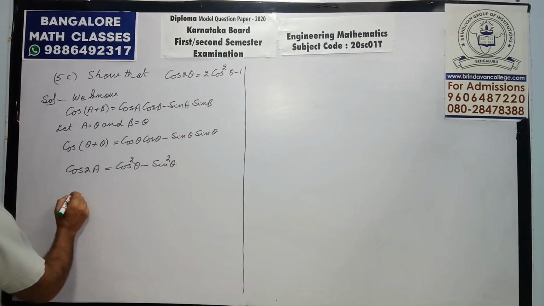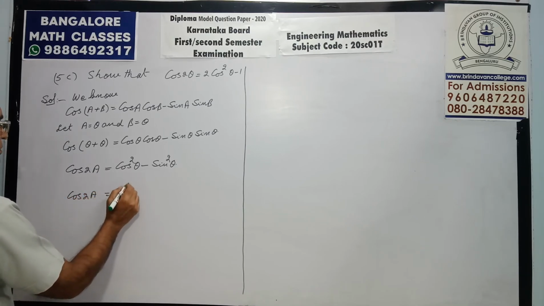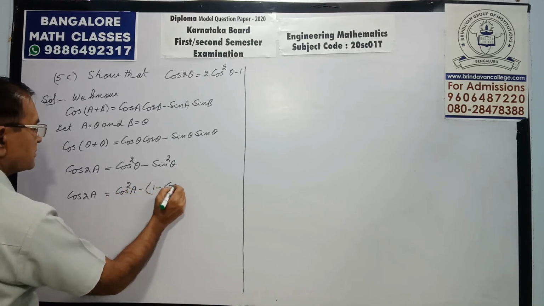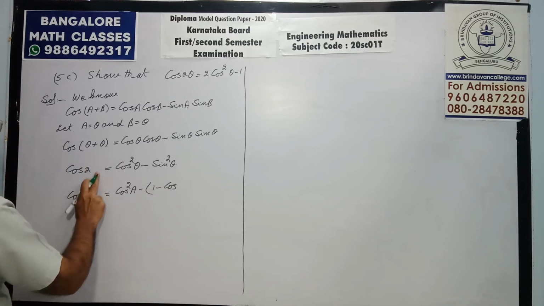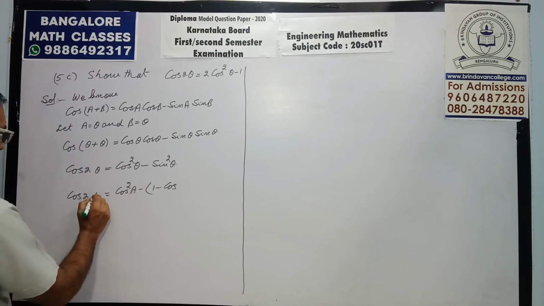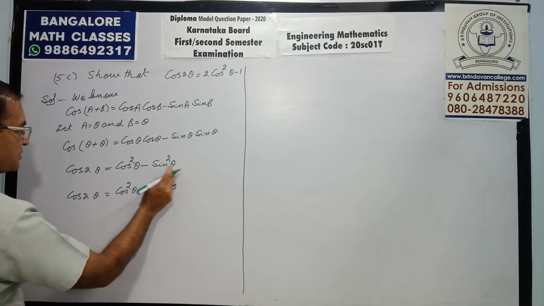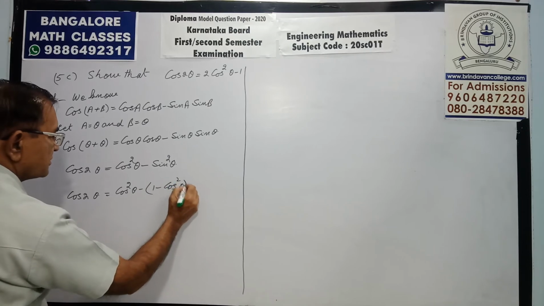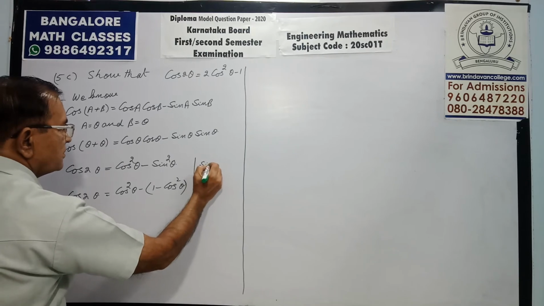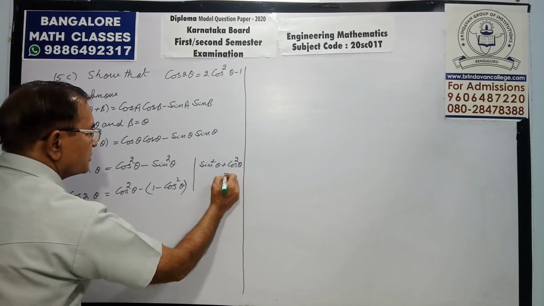On the RHS, sin is not there. So cos 2 theta equals cos square theta minus sin square theta, and sin square theta can be written as 1 minus cos square theta, from the very first identity, sin square theta plus cos square theta equals 1.